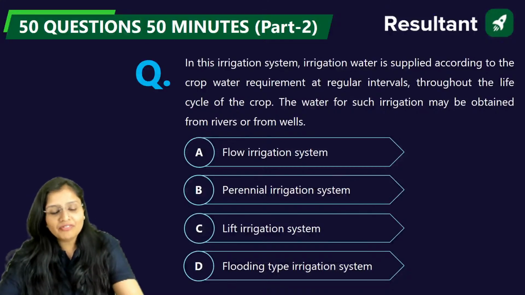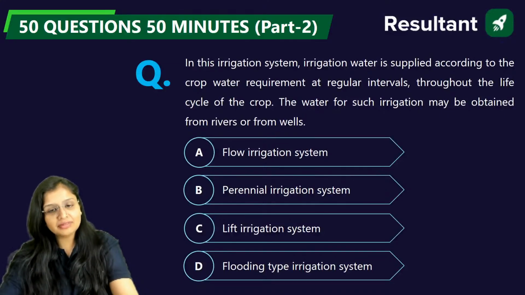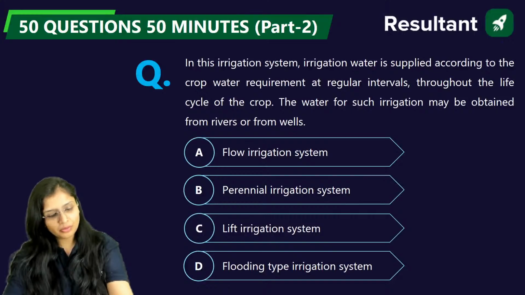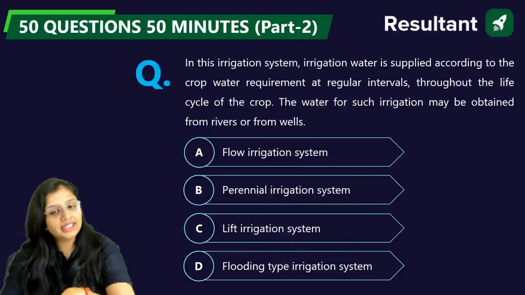So can you tell me which type of irrigation system is this? Quick. This is perennial irrigation system.